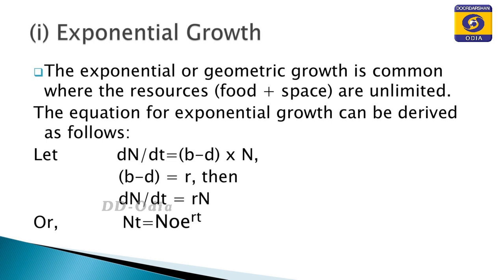In this condition, we take dN by dt, where N is the size of the population, equal to the birth rate minus the death rate, multiplied by the population size N. And if we say the birth minus death rate is the intrinsic growth rate represented by r, then dN by dt equals rN.